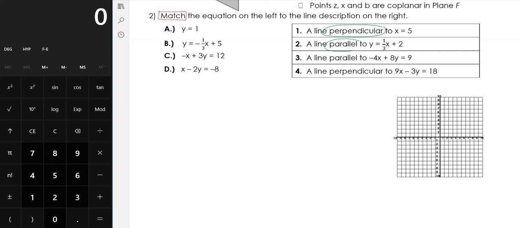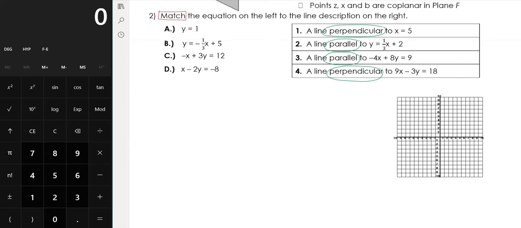Okay, so now we're looking at lines parallel. 3, a line parallel to negative 4x plus 8y equals 9. Again, parallel. And lastly, a line perpendicular to 9x minus 3y equals 18. Okay, perpendicular. So what we're looking at is parallel and perpendicular lines, and we're trying to match up what would be parallel or perpendicular to the equations.